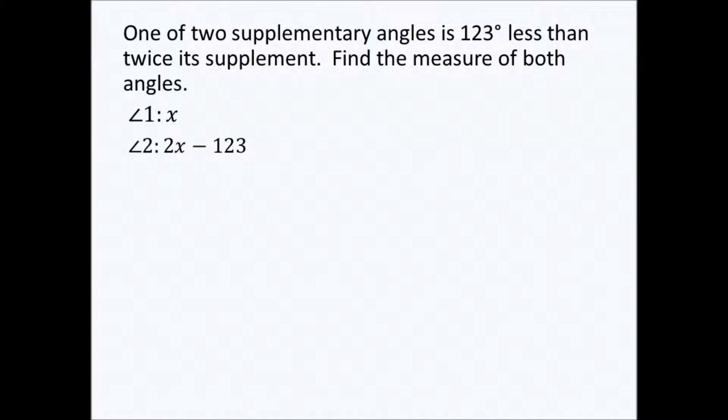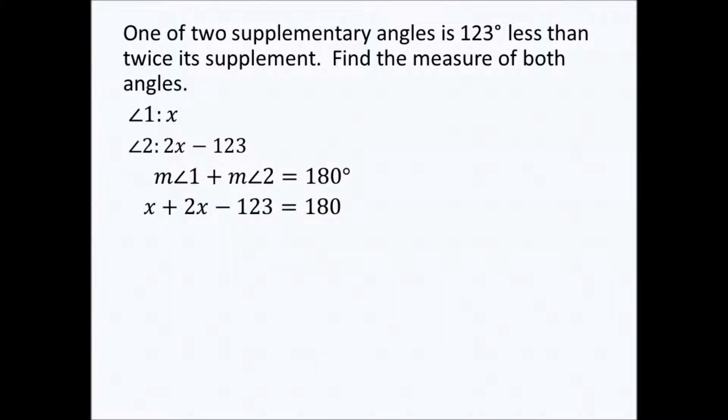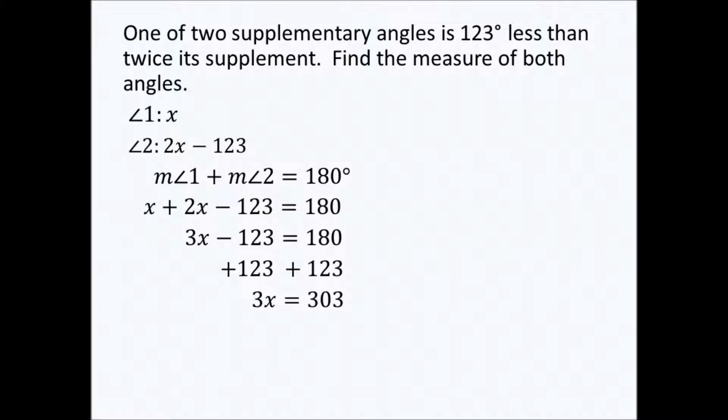The next step is to add the measures of the angles together and set them equal to 180 degrees since they're supplementary angles. Then we substitute the algebraic expressions. x plus 2x minus 123 equals 180. The rest becomes algebra. x plus 2x equals 3x. 3x minus 123 equals 180. Next, we add 123 to both sides. 3x equals 303.